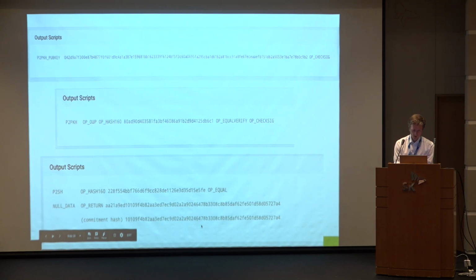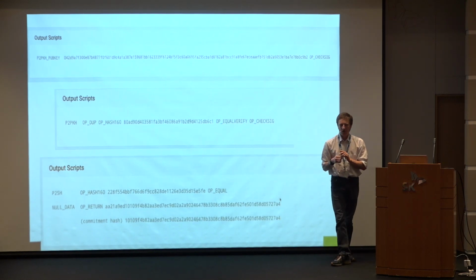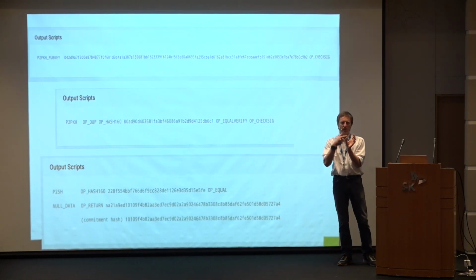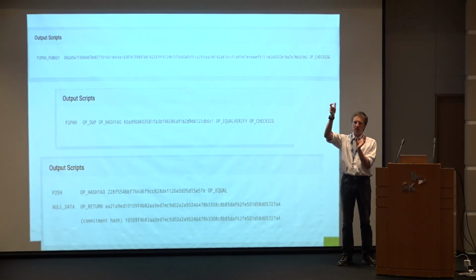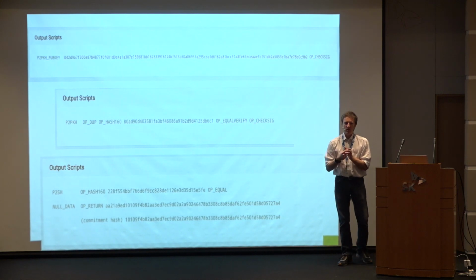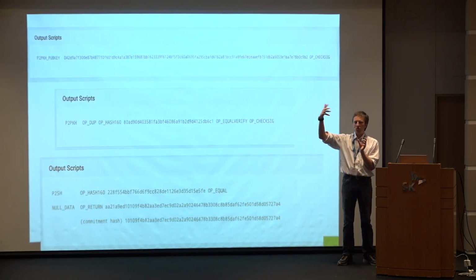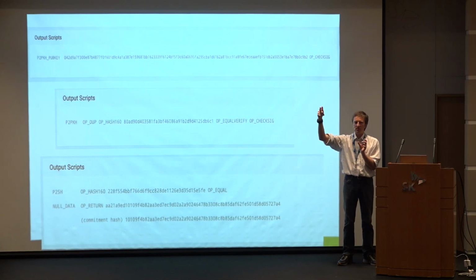And then there is one more, which is pay to script hash. Early on, it was discovered that this ability to send money to somebody using the public key has two limitations. The first limitation is that we need to know in advance who wants the money on which address, right?